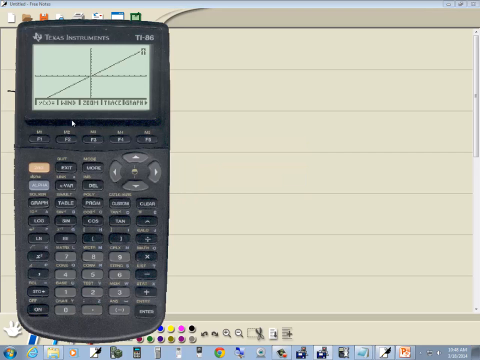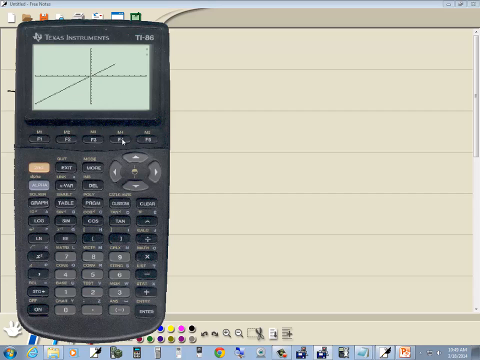Okay, let's say you didn't get that. Well, different reasons might be. The main one here is, see the zoom? If I press the button right below it, which is F3, then choose Z standard. Z standard, the button right below it is F4.